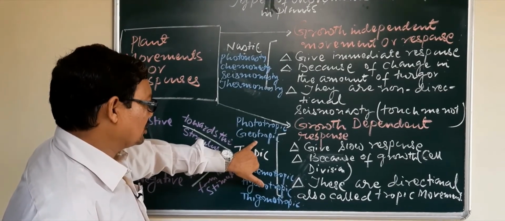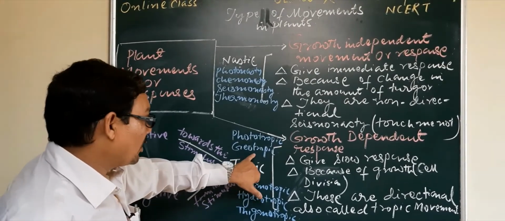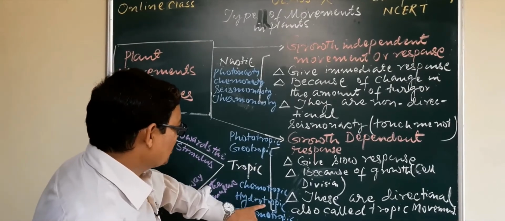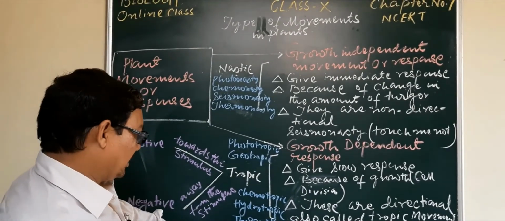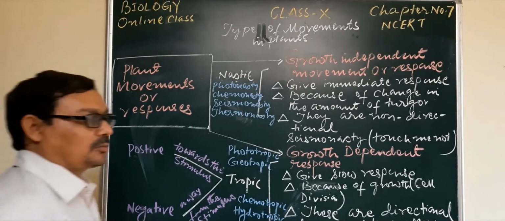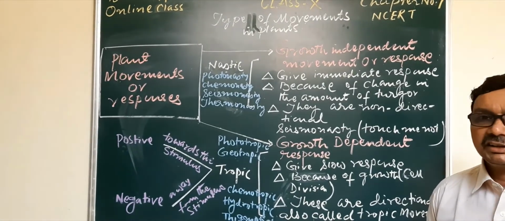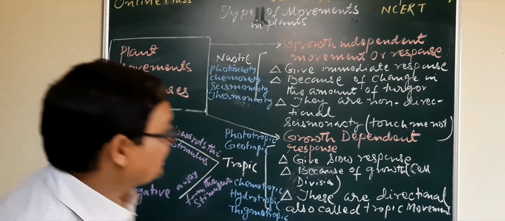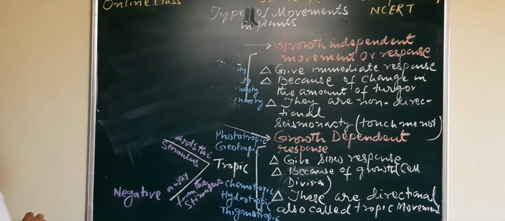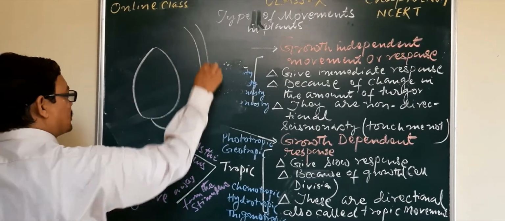When we are talking about geotropism, it is the opposite. The shoot is negatively geotropic, while the root is positively geotropic. Similarly, in the case of hydrotropism, the root is positively hydrotropic, whereas the shoot system is negatively hydrotropic. In the case of chemotropism, there is movement of parts of the body towards the stimulus of chemical substances, like in the process of fertilization, when there is movement of pollen tubes towards the ovule.